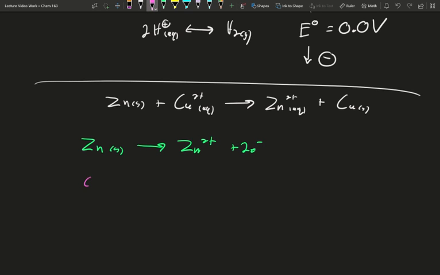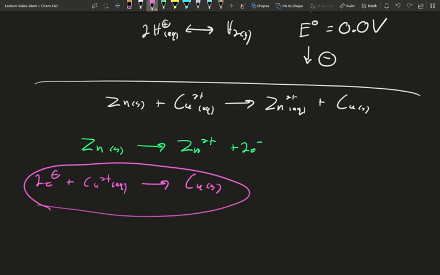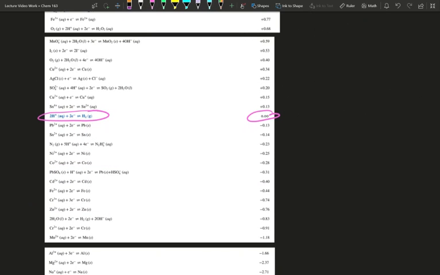I have a copper 2 plus aqueous going to copper solid, and I would have needed 2 electrons as a reactant. Well, this reaction, if we go back up to copper, we'll find that reaction right here. Copper 2 plus 2 electrons makes copper solid, has a potential of 0.34.